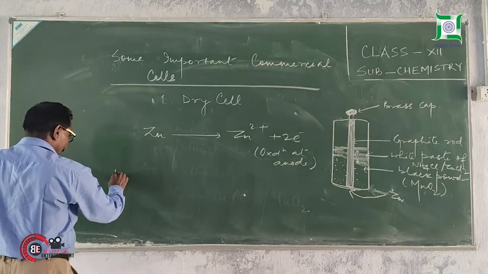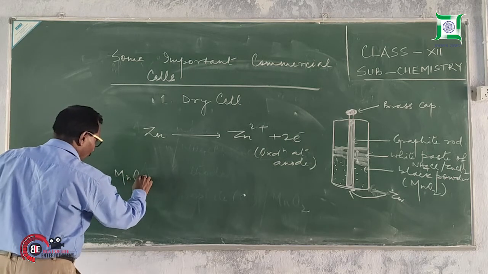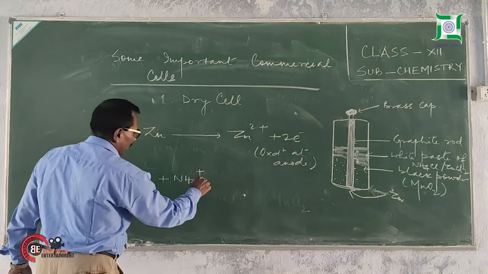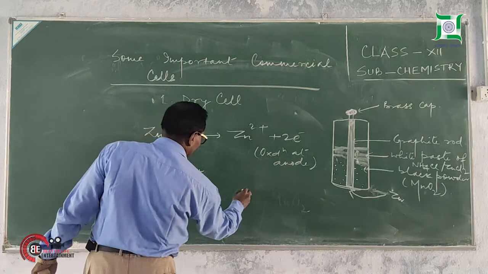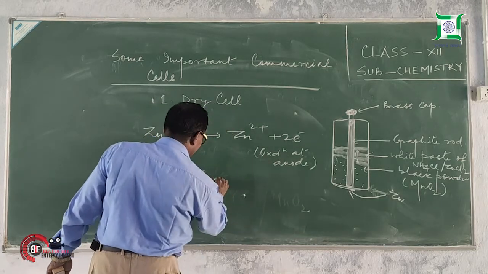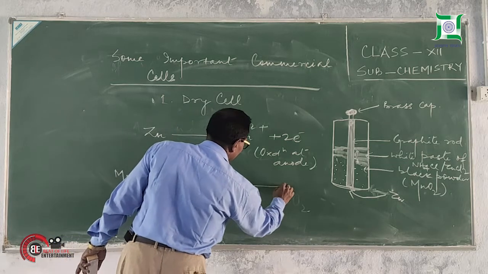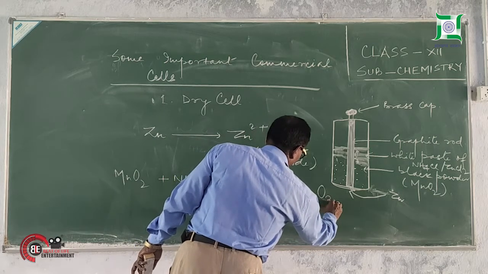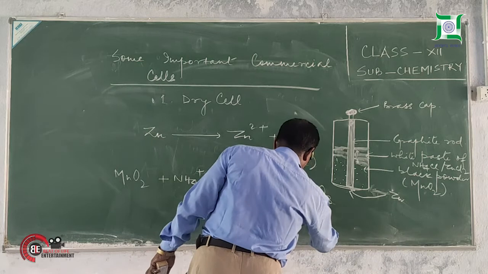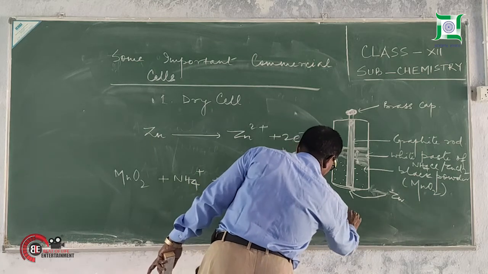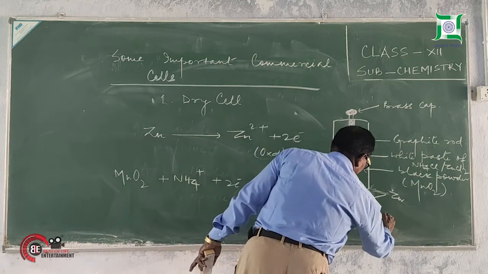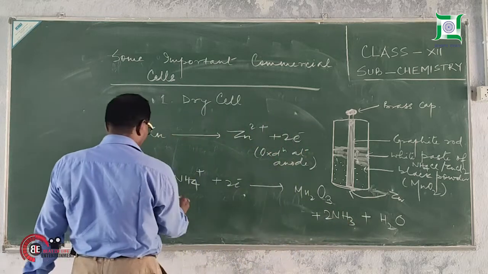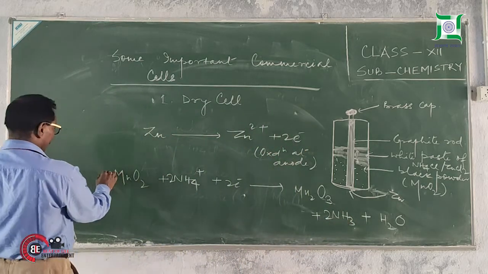And when MnO2 with NH4+ gains that electron, it is converted into Mn2O3 plus NH3 plus H2O, and we can balance it by putting 2 here and 2 here.